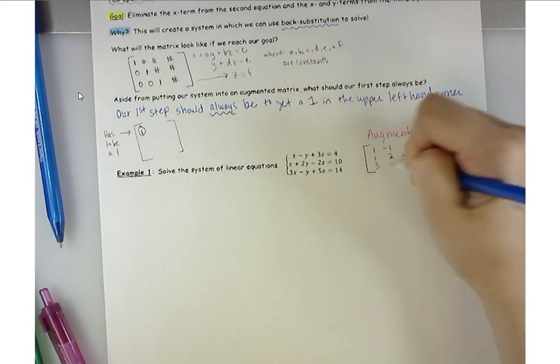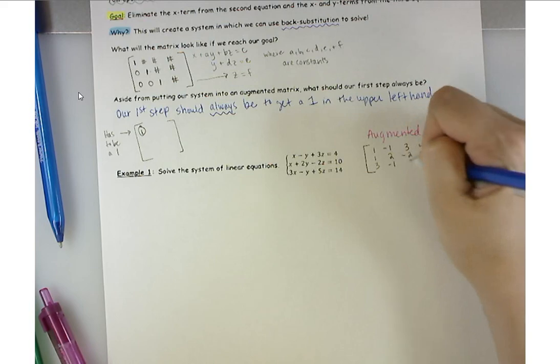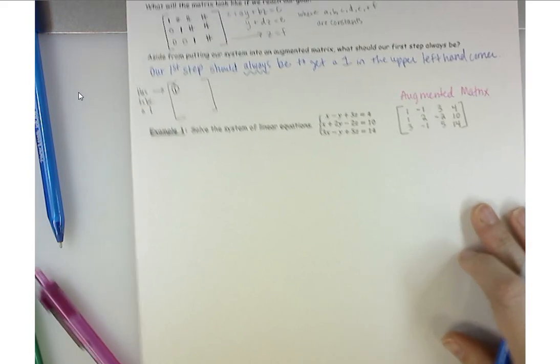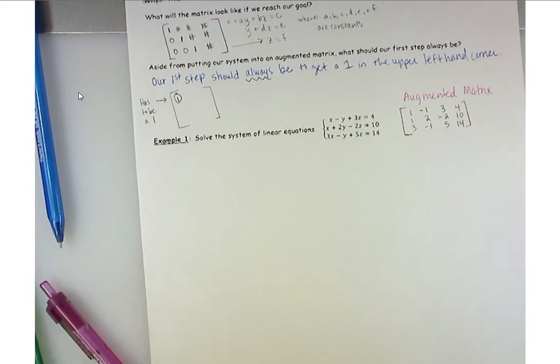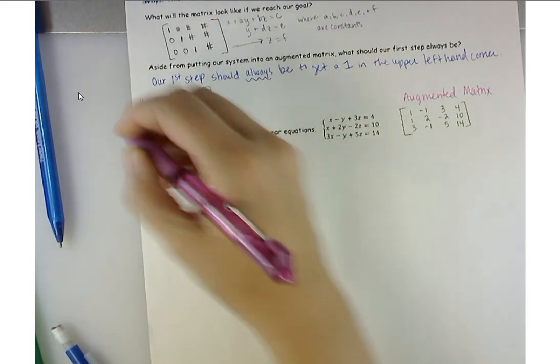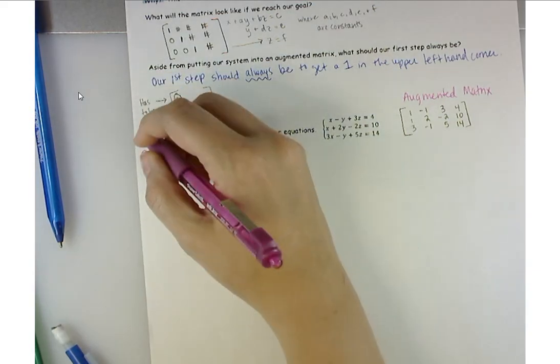And 3, negative 1, 5, 14. Okay, so your first step is always to get a 1 in the upper left hand corner.